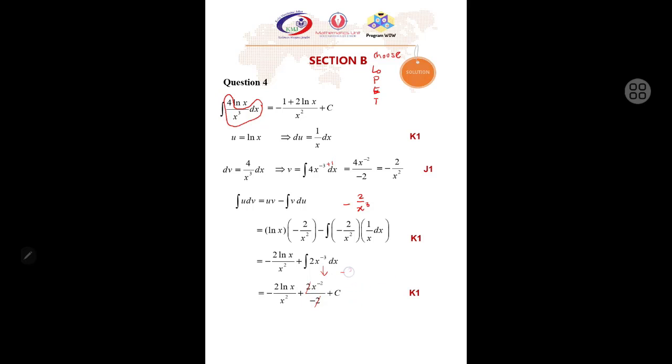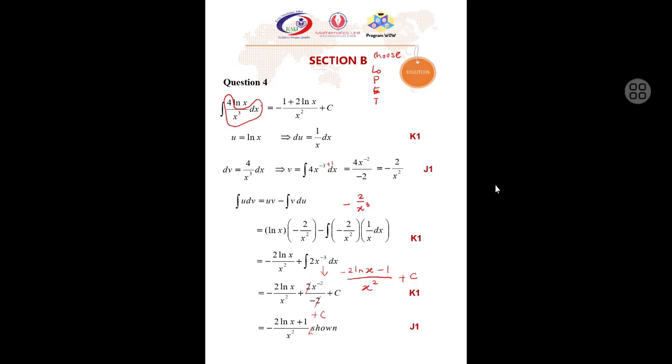Here you will have negative 2 ln x minus 1 over x squared, plus c. So now factor out negative 1 to the front. You will have negative 2 ln x plus 1 over x squared. Actually, you have plus c here. Don't forget plus c. So that is your final mark.